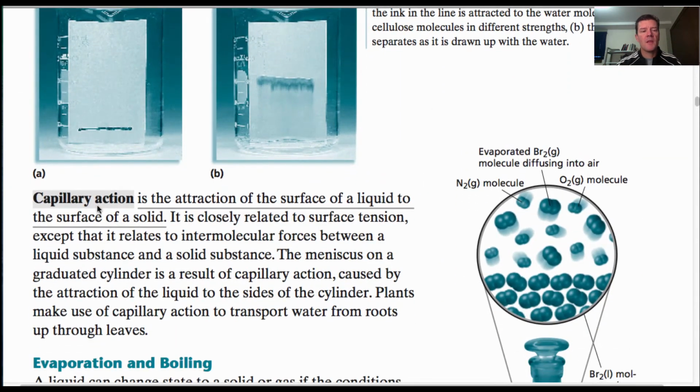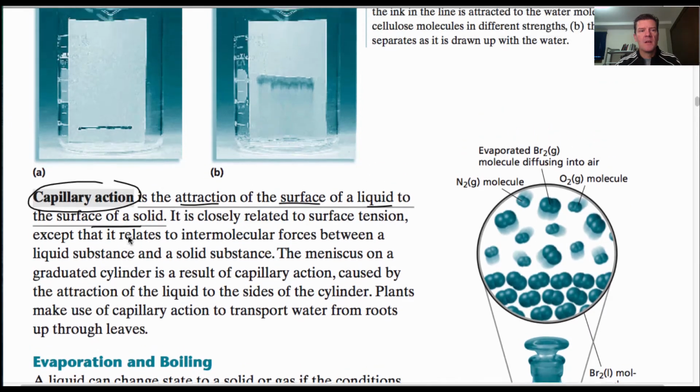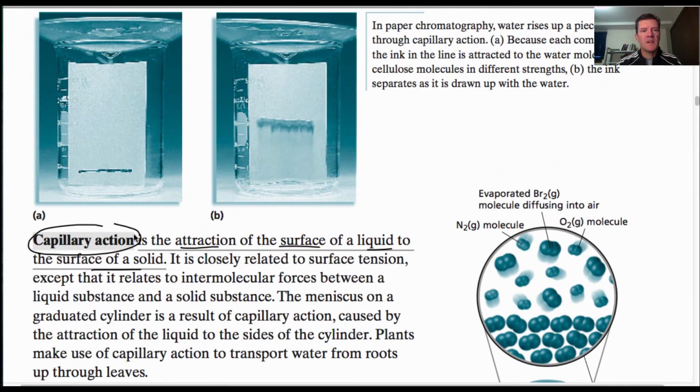All right. Another characteristic you need to understand of liquids is what's called capillary action. It is the attraction of the surface of a liquid to the surface of a solid. Here's what I mean. Right here, we have a piece of paper, or maybe a certain type of paper.